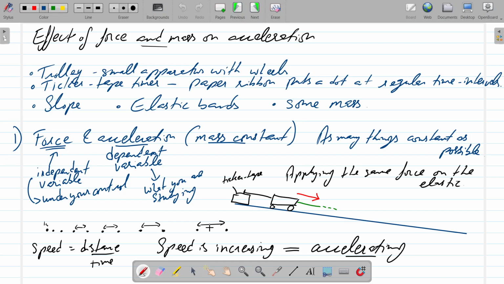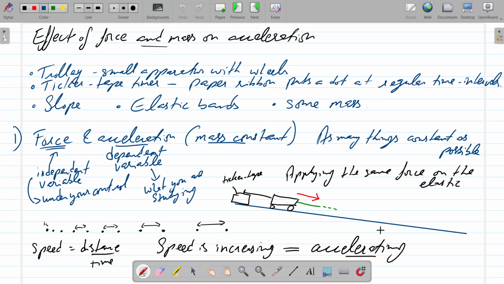Do you understand? Yes. And so we can use that because we know the time interval is 1 second. We can measure the distance between two dots, and then we can take the speed at which the trolley is moving. Why are we getting the speed of the trolley? Because the paper ribbon is attached to the trolley, so the paper ribbon is moving at the same speed that the trolley is.